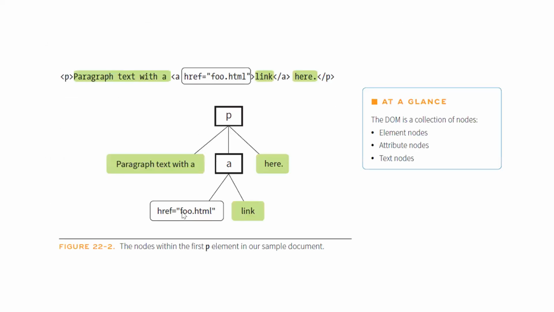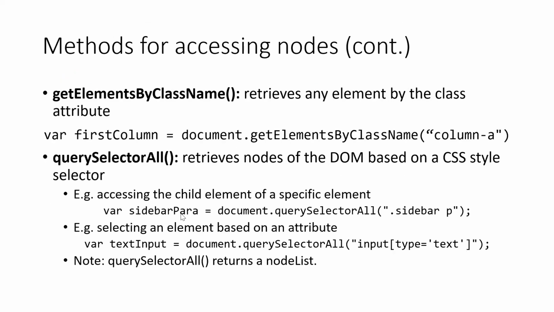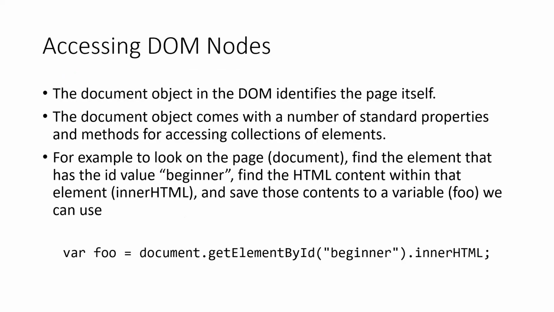With that one, we can access it. So this is possible. It will find the HTML content and save it to a variable foo. So we will get whatever is within it, the inner HTML, that means the HTML content within the element. That's what we mean by inner HTML. And then we'll put it into foo.